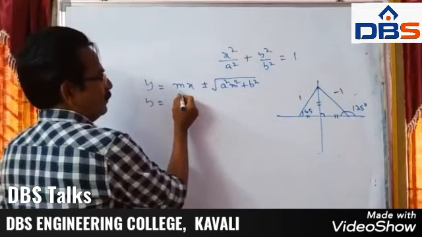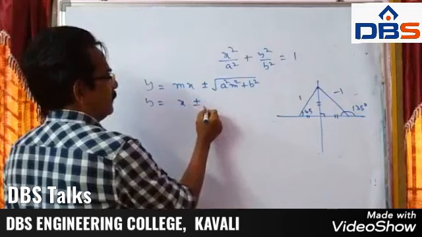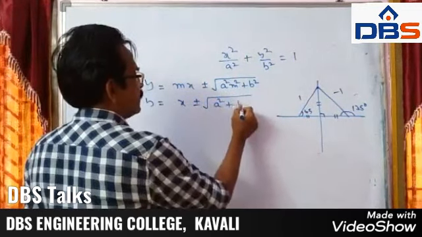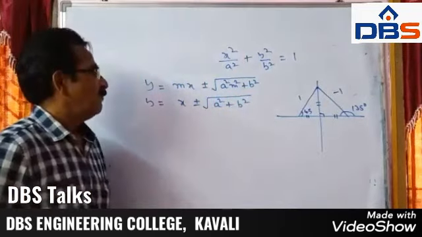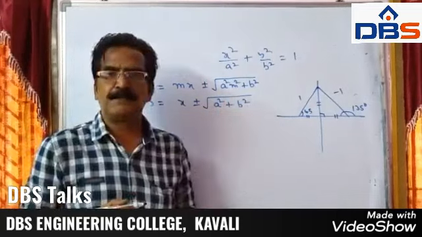First let us take m is equal to 1. Y is equal to x plus or minus root of a square plus b square.